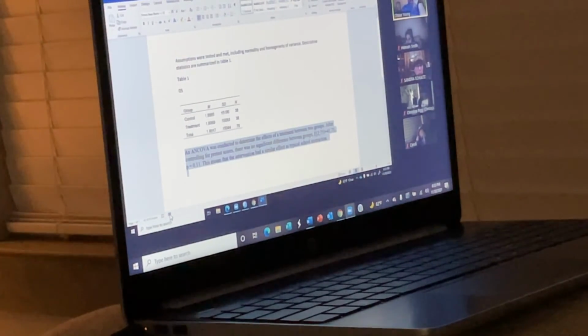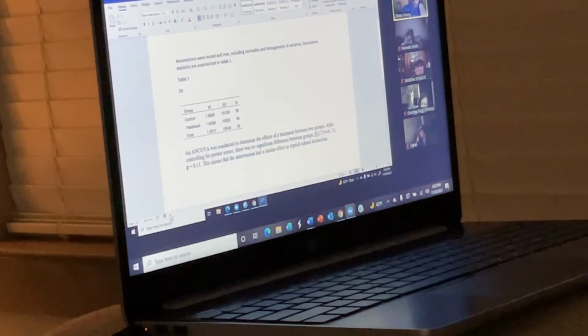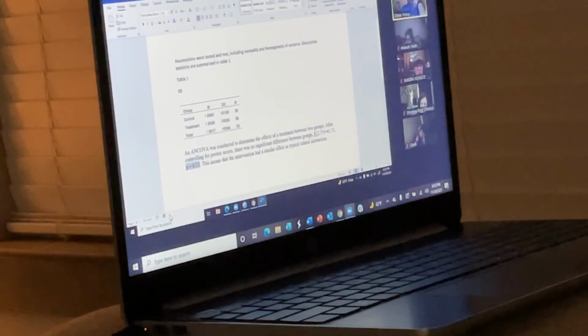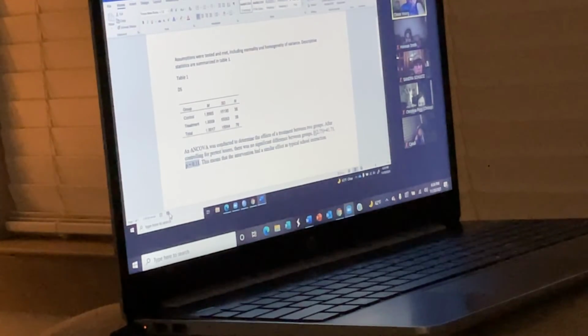F, degrees of freedom, the F statistic, and the p-value, which was 0.11. And that essentially means that the students learning English and students who learned English first didn't do significantly different on the pretest after controlling for their reading comprehension.